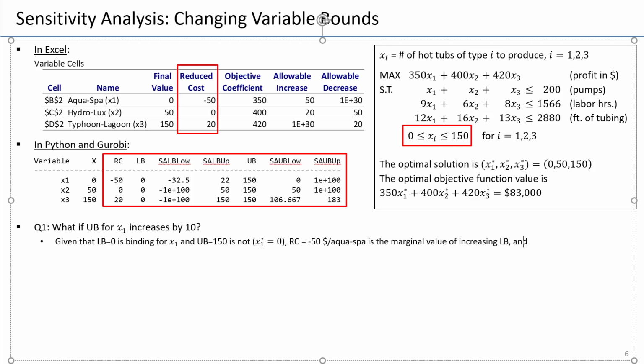And the marginal value of increasing the upper bound is actually 0 in that case, $0 per aqua spa, right? So now, remember, we are now increasing the upper bound. So this is the bound, the marginal value we should be using, right?